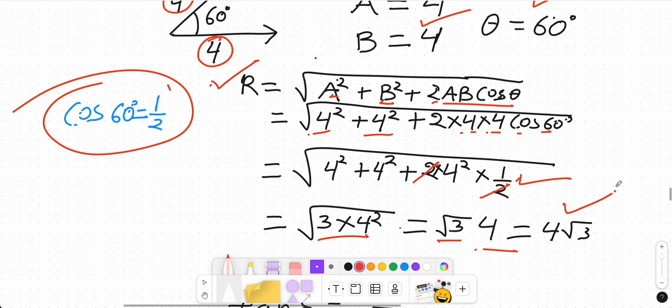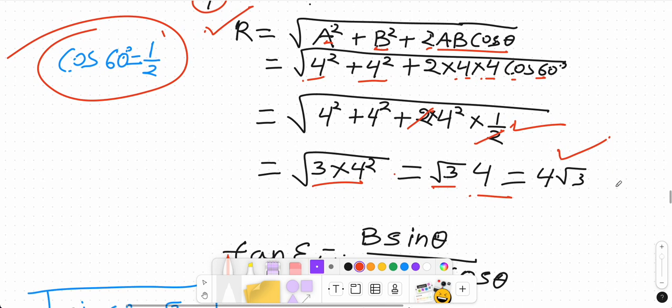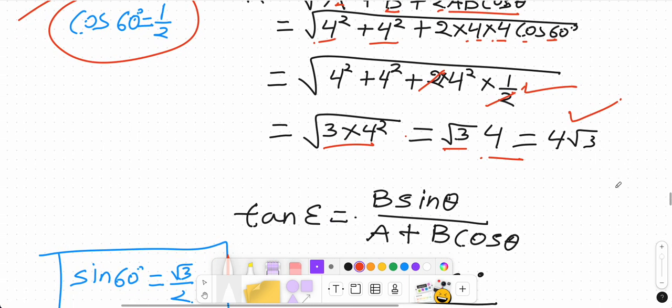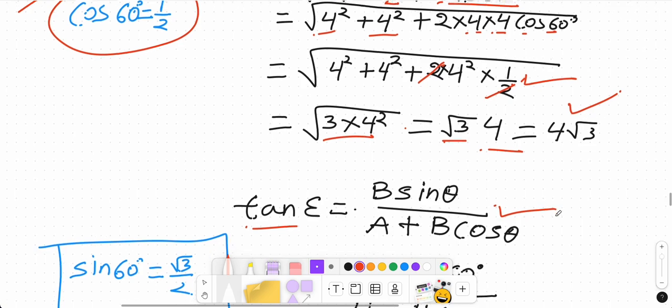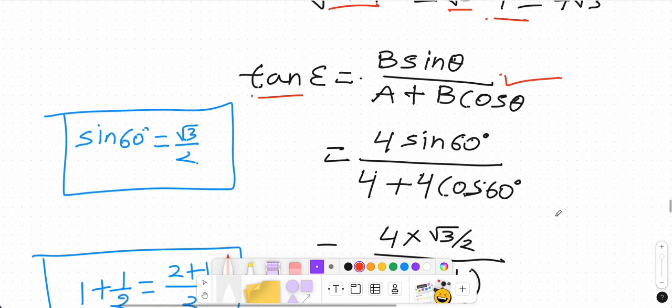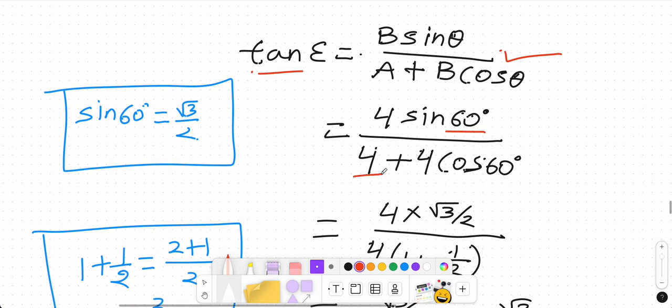But we also have to find the direction. For direction, I'll use this formula: tan epsilon is equal to b sin theta by a plus b cos theta. B is 4, theta is 60 degree. A is also 4. Sin 60 is root 3 by 2.